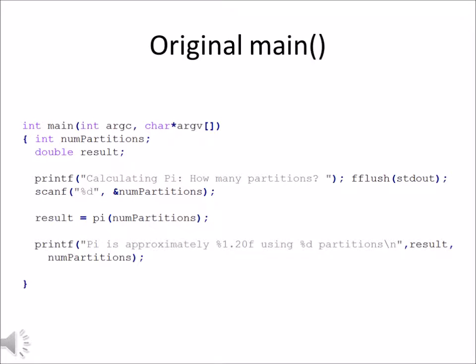Here is a standard sequential C program that could be used to implement this. In the main program, we see that we ask the user to input how many partitions, that is, how many slices we want to slice the area under the curve into. And then we call this pi calculating function and print out the result.